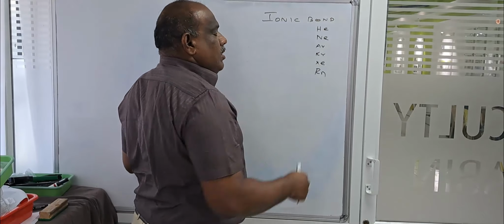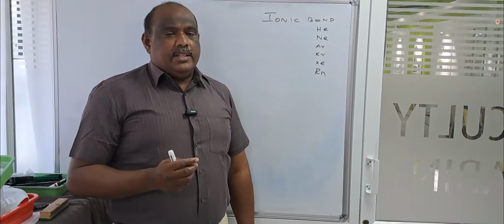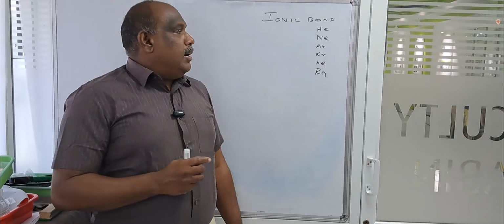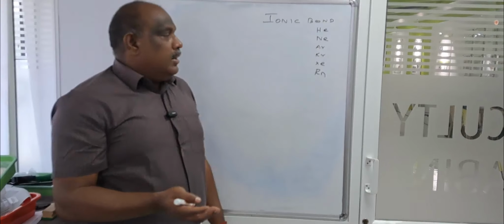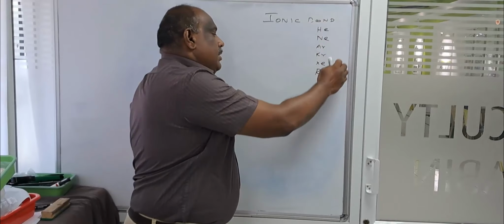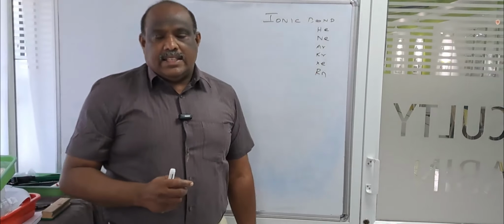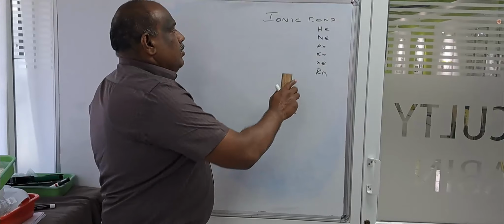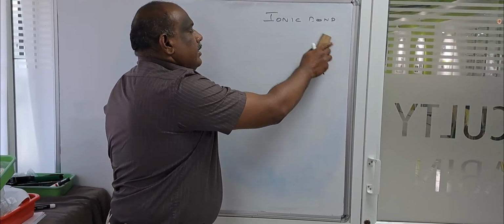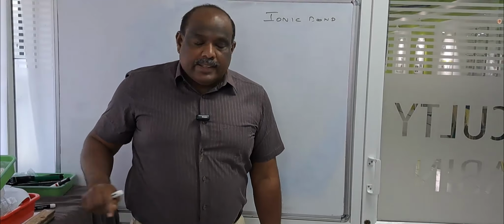Of the elements we saw yesterday, there are nearly only 18 elements. Apart from these 6 elements, all other elements will try to attain a stable configuration like these rare gases or inert gases. Only then are they undergoing chemical bonding or chemical reaction.